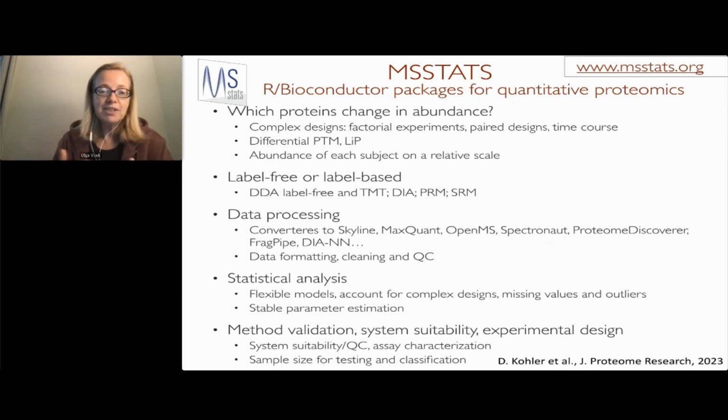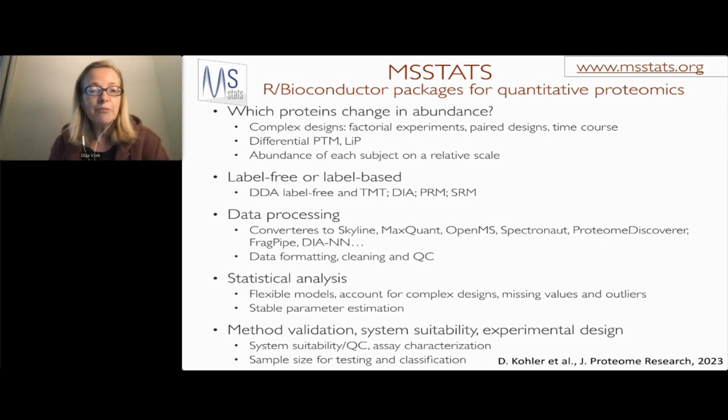And these multiple conditions affect the statistical structure, the stochastic structure of the data. And of course, there are other types of designs which are very popular and very effective, such as paired designs and time course. For example, a paired design would be where you have a healthy and tumor biopsy on the same person, and time course is when you collect repeated measures on the same person in time. These types of designs also require a different type of statistical analysis.